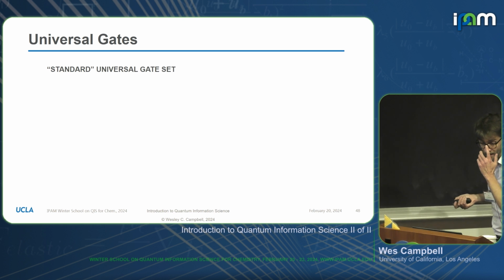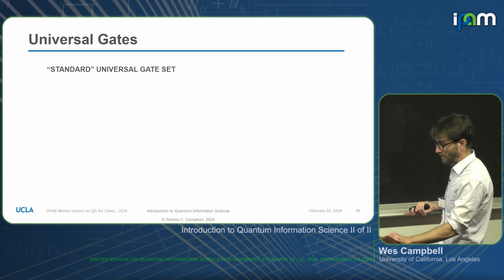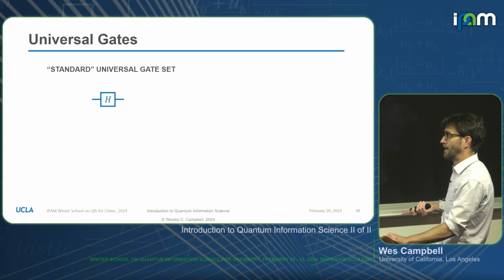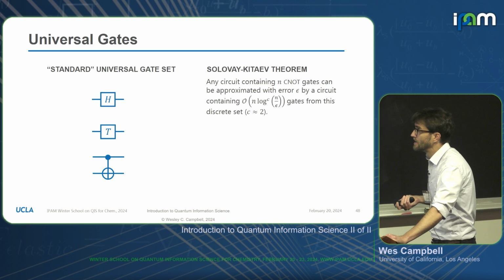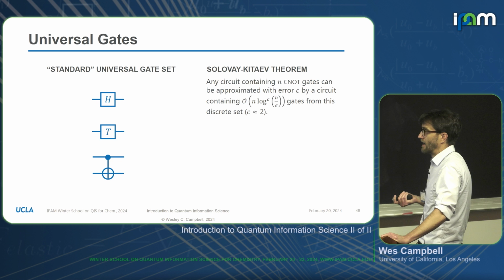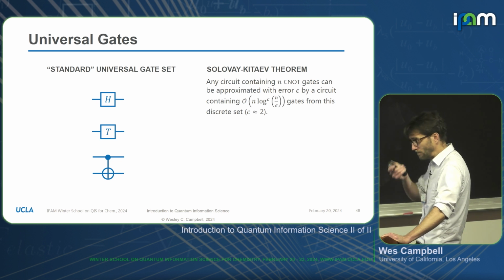Okay, so this brings me to talking about universal gate sets. I'm getting near the end here, so we're probably going to end a little bit early. The standard universal gate set is a Hadamard, a T-gate, and a controlled NOT gate. There's something called the Solovay-Kitaev theorem that basically allows you to build any quantum circuit, as long as you can implement those three things.